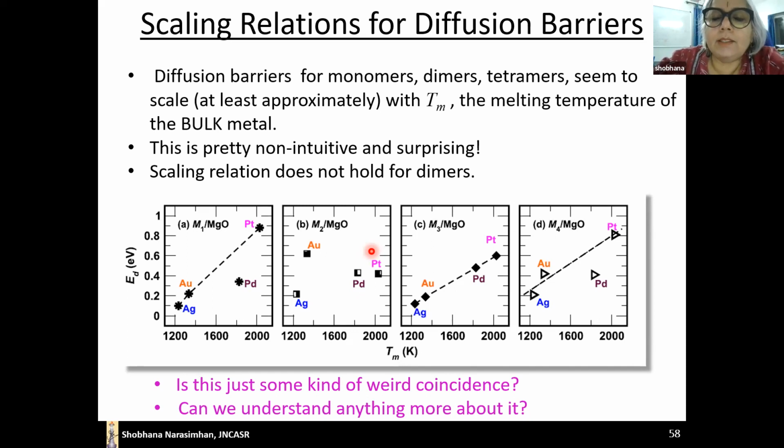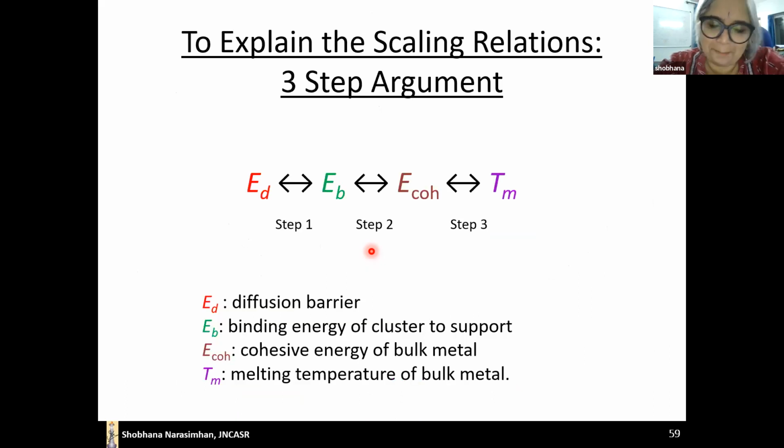Why should the diffusion barrier of, say, 3 atoms of the metal on MgO have anything to do with the bulk melting temperature of that metal? And I have to say the referees also initially howled with outrage. But we think we can explain the scaling relations, and I'll do that now.